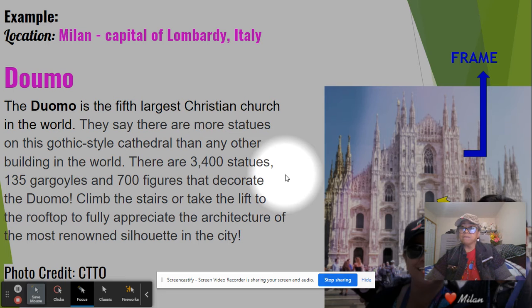So I just identified here, it's a frame. I use arrows here to say, oh, this could be the frame part. Or even these portions here, like opening windows, you can see that semicircle or hemisphere shape. This can be considered as the shell structure for the Duomo.